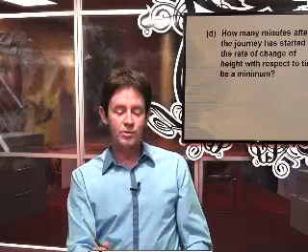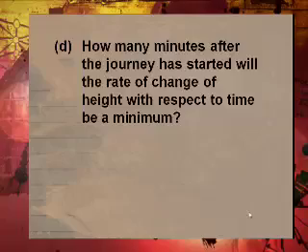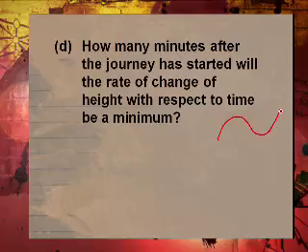Now, the next question is, how many minutes after the journey has started will the rate of change of height with respect to time be a minimum? This is an important principle. If you've got your little graph doing that, this is where the minimum will be.